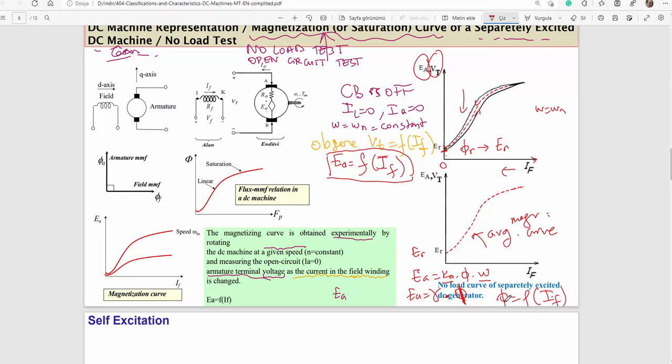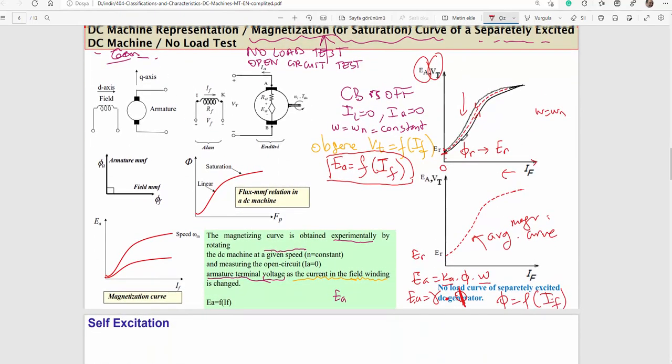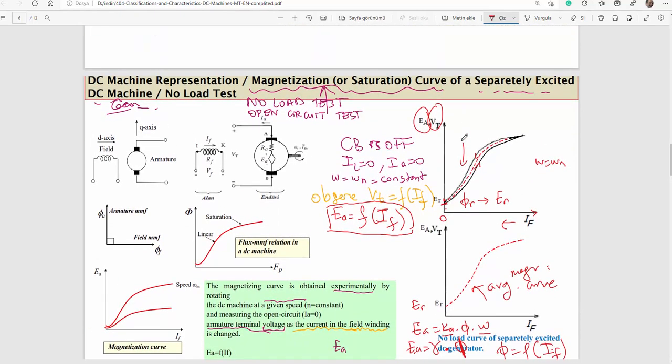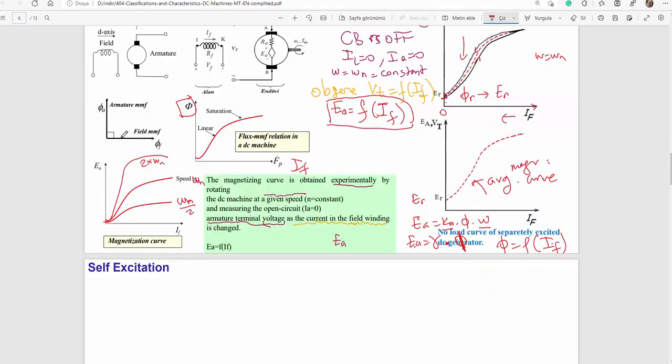That field current generates flux. Flux will generate EMF. In fact, behind the magnetization curve or no load curve, there is magnetic flux. Such a characteristic will give you information about the magnetization, the flux versus field current relation.